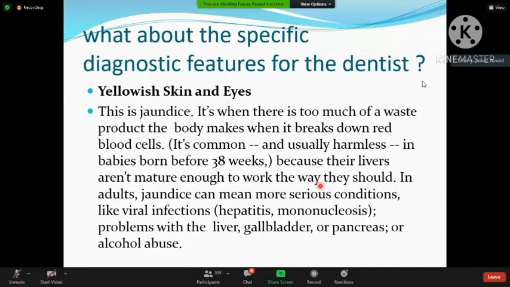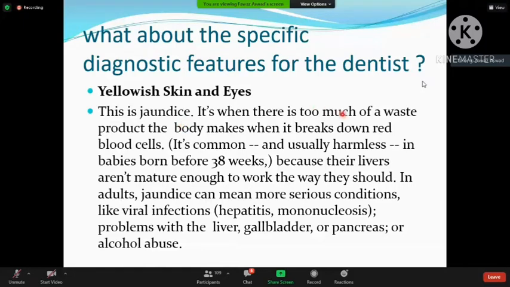We also come here to the general examination of the patient. What is the diagnostic feature? For example, the dentist may see yellowish skin or eyes, and this is the most common, generally jaundice.